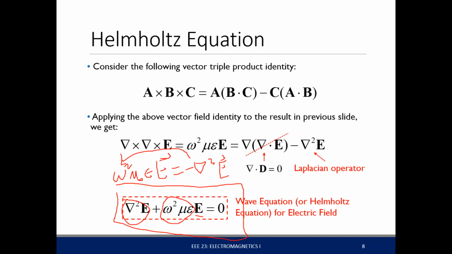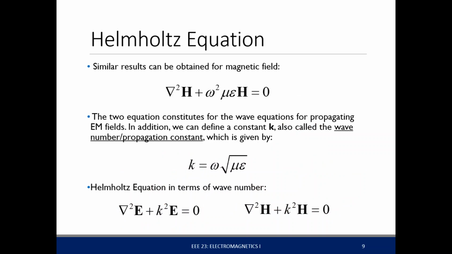So if we apply this operation to our magnetic field, we'll also get the same equation. It seems like the electric field and the magnetic field have the same properties. What do we mean when we say property? They are both the same wave, and they also produce the same constants here.